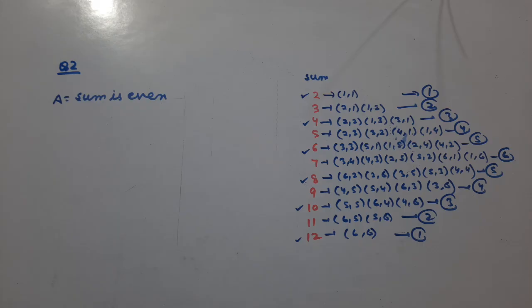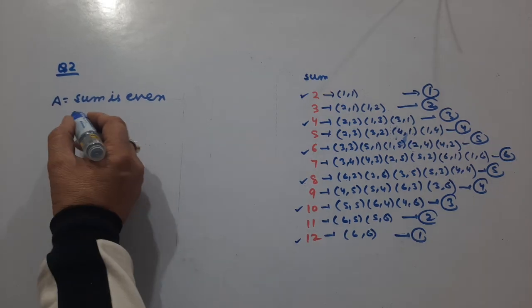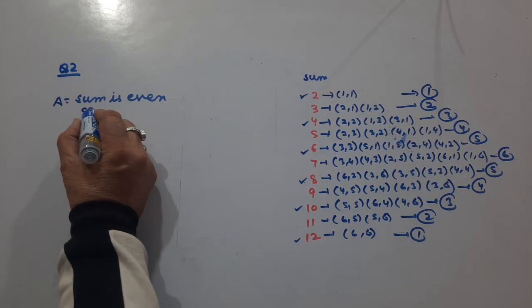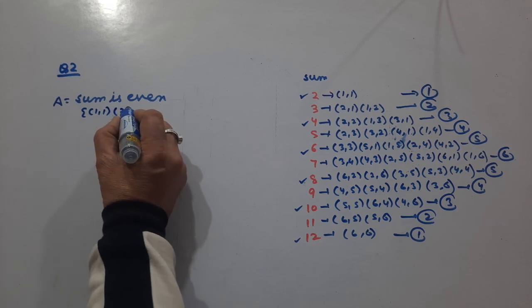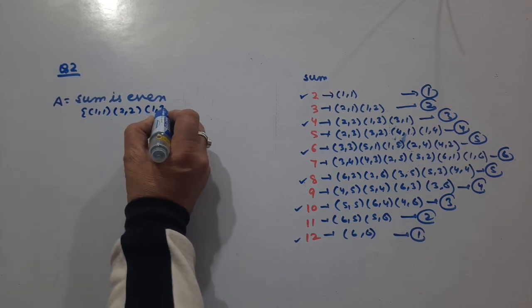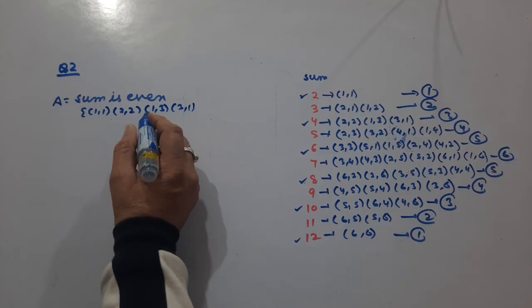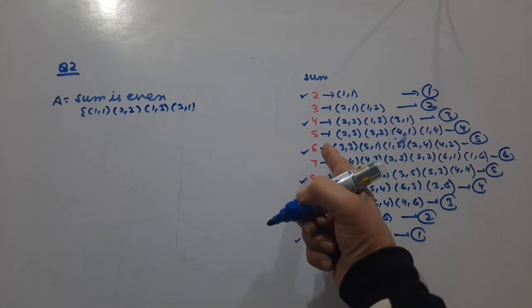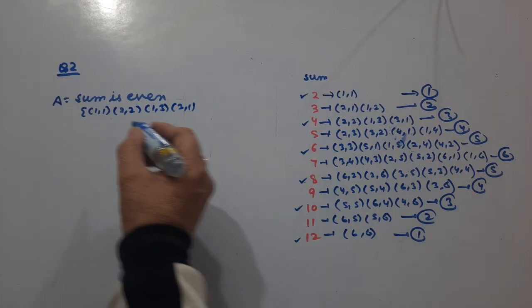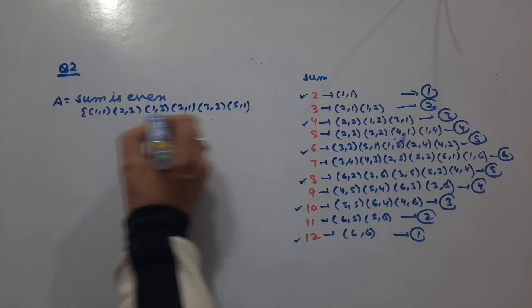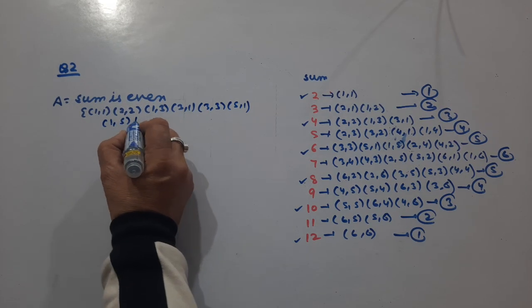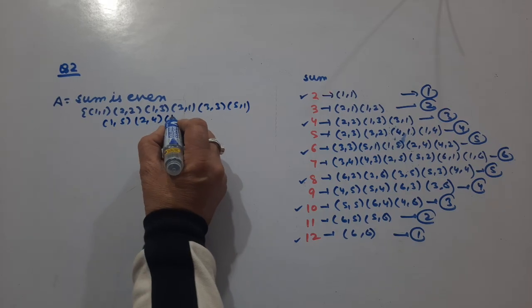So students, here we can write all the cases. Sum is 2, there is only one case. Sum is 4, we have three cases: 2 2, 1 3 and 3 1. Sum is 6, we have five cases: 3 3, 5 1, 1 5, 2 4 and 4 2.